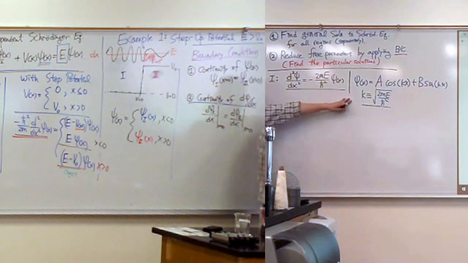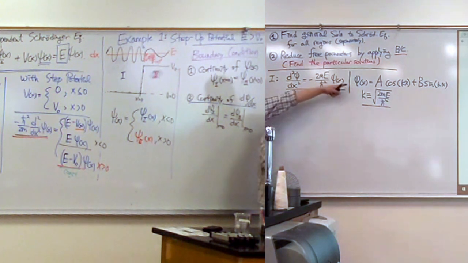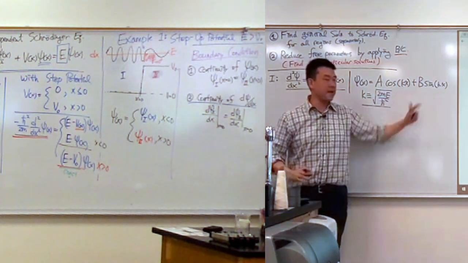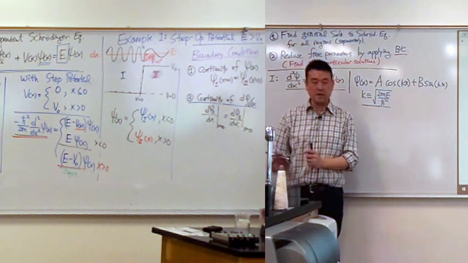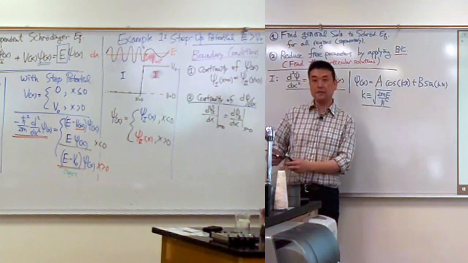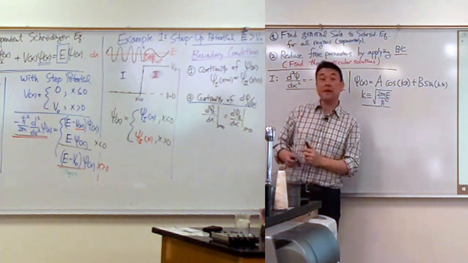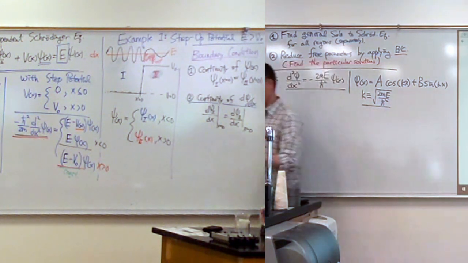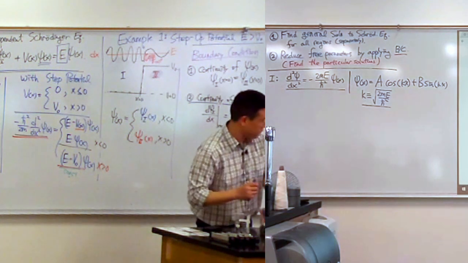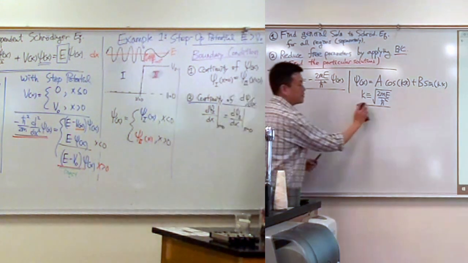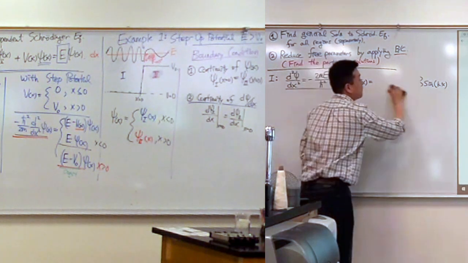Let me write down a different version, because the problem with this version is that neither the cosine nor the sine has a very clear, physically assignable meaning. So it kind of gets mixed up. So I want to use the complex exponential version, because with the complex exponential version, there is a clear physical meaning we can assign, and that will help us reduce the number of free parameters.